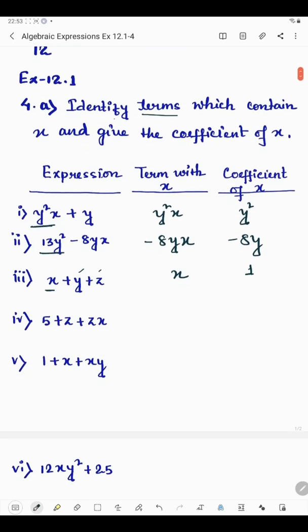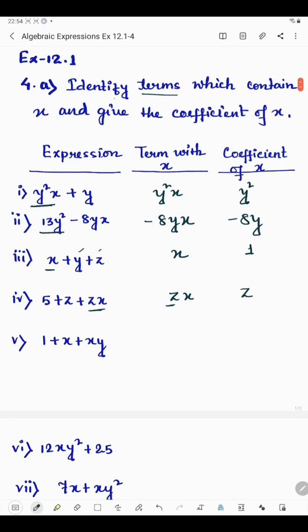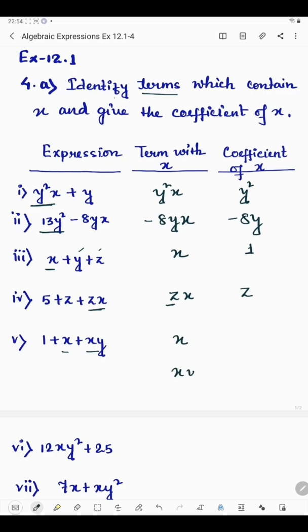Now in the fourth part we have 5 plus z plus zx. In these three terms, only in the third term we have x. So we'll write zx, and the coefficient of x will be z, since z is there only with x. Now in the fifth part we have 1 plus x plus xy. Here in these two terms x is present, so we'll write x and xy.